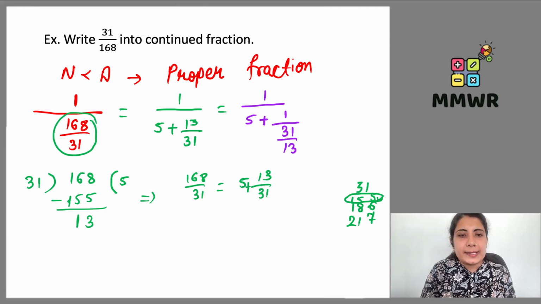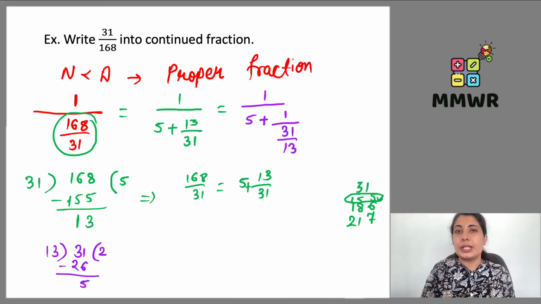I will be dividing this 31 by 13. Now 13 twos are 26. I will be subtracting 26 from 31, which gives me 5. So 31 upon 13, if I convert it into a mixed fraction, is going to give me 2 and 5 upon 13, which can be further written as 2 plus 5 upon 13, right?